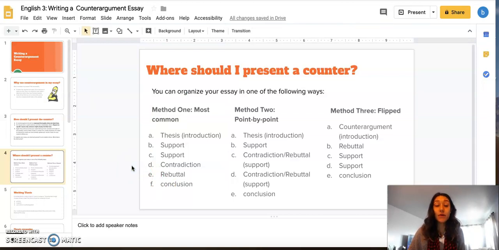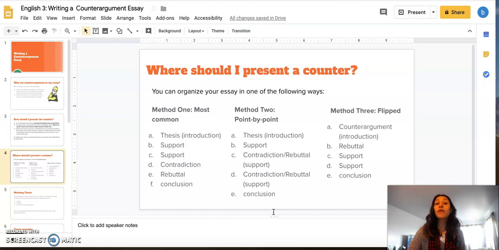Again, this is the most common method, but it isn't the only method you can use when organizing a counterargument paper. You can present a point-by-point method, and method 2 outlines that. You would still have your thesis in the introduction, but in each body paragraph, you could present a counterargument, what someone might say when arguing against my thesis statement.